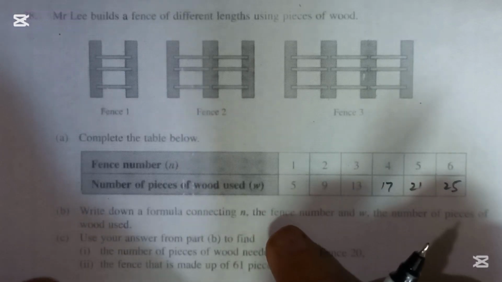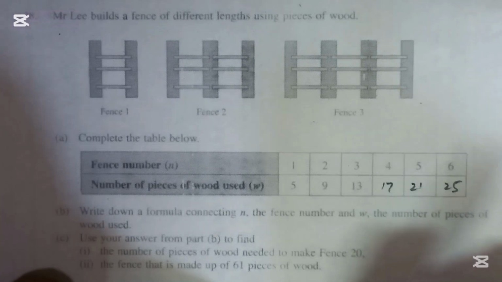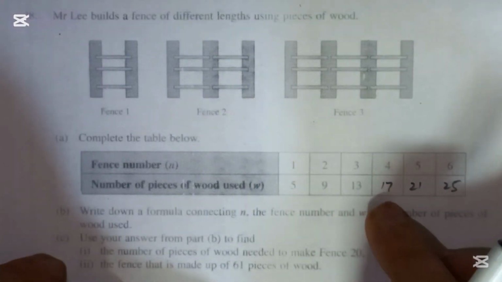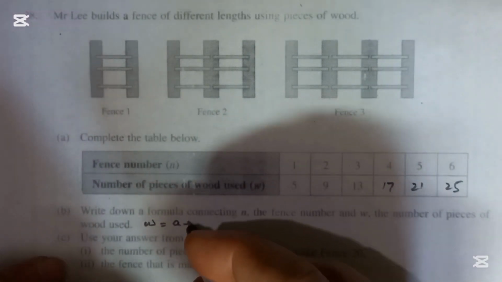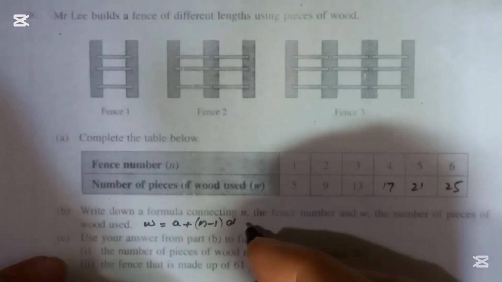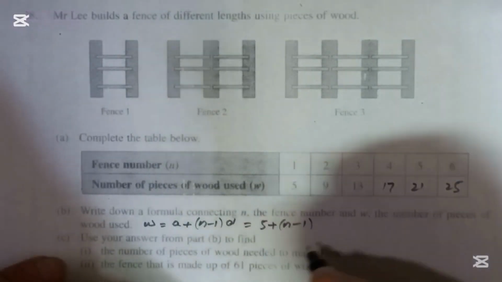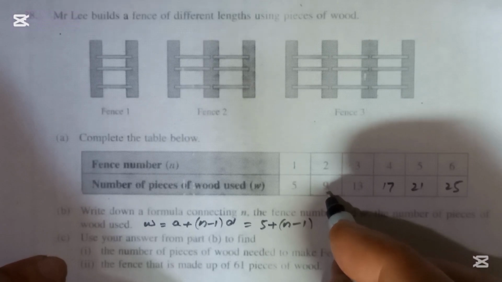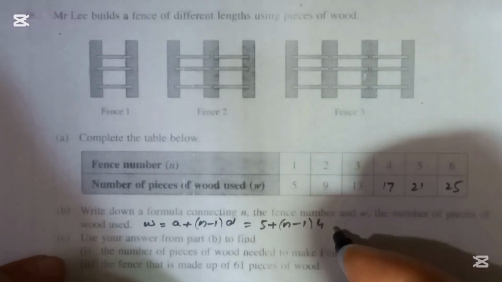Part B requirement is to write down a formula connecting n, the fence number, w, the number of pieces of wood used. If you can see, the difference is the same, so w should be equal to a plus (n minus 1)d, where a is the first term, that is 5, n minus 1 will remain as it is, and d is the difference that can be obtained by subtracting 9 minus 5, that will be equal to 4.